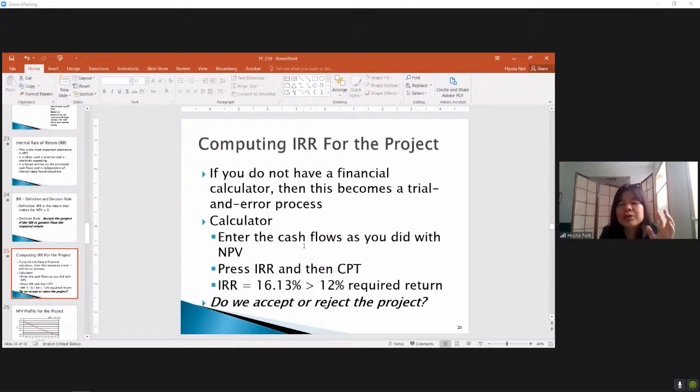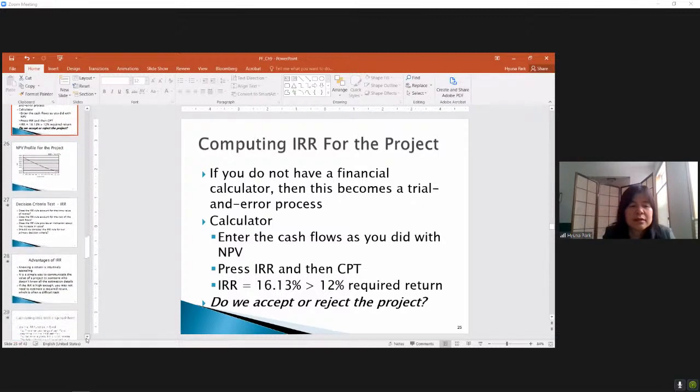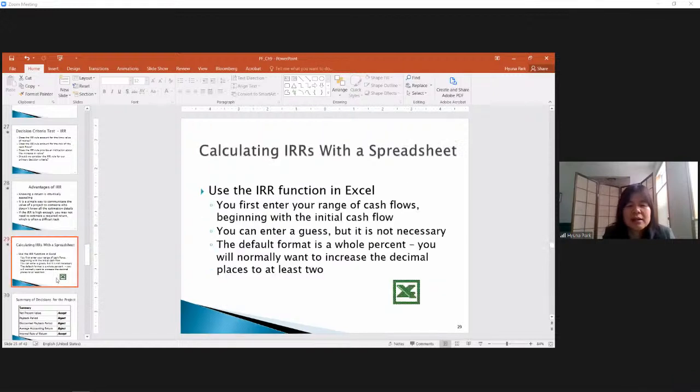But if you want to use the Excel spreadsheet, simply use the IRR function in the Excel file. Here you are calculating IRR with the spreadsheet, so you can follow this instruction here.